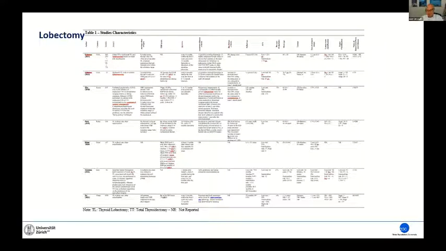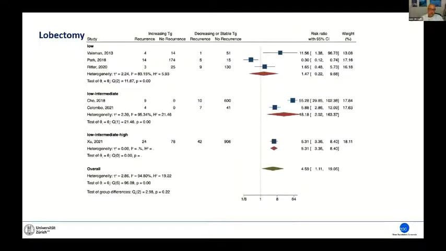There was the famous study of Park in Thyroid some years ago. But all in all, there are no data we can use to support the use or not of thyroglobulin in our clinical practice. So this is the main result of our meta-analysis.